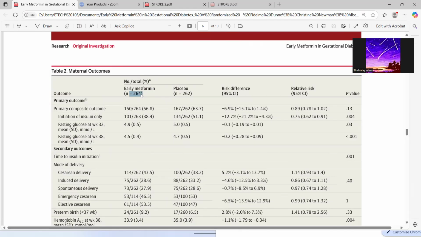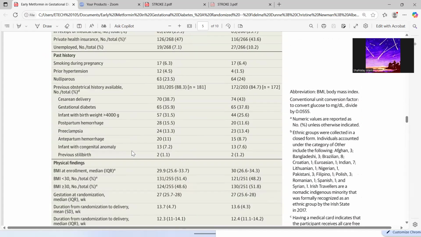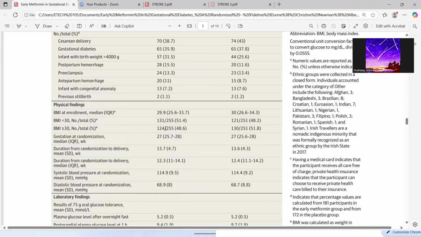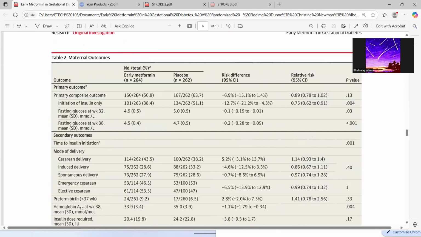Yes, this total may differ from baseline. There are two possibilities now. The outcome totals can differ from baseline, and the totals among individual outcomes can differ too. So you people have to clearly read and look at the tables and the outcomes data. See, they're saying n slash totals.